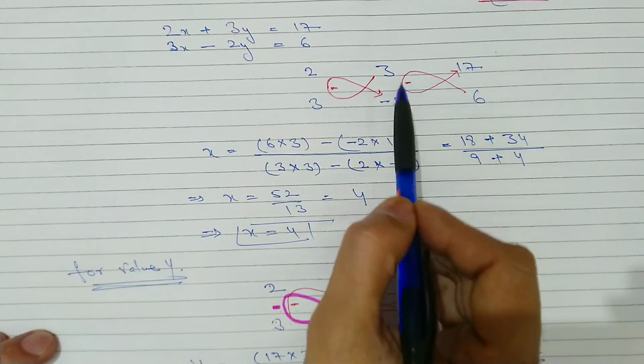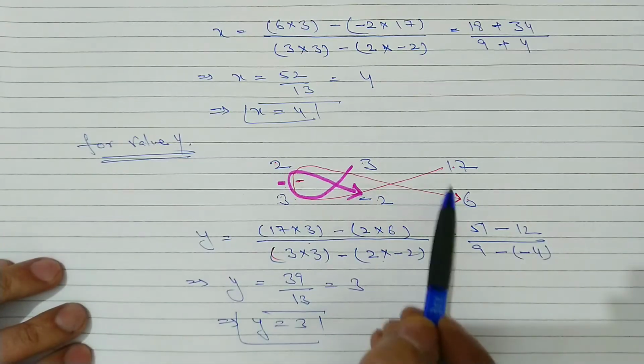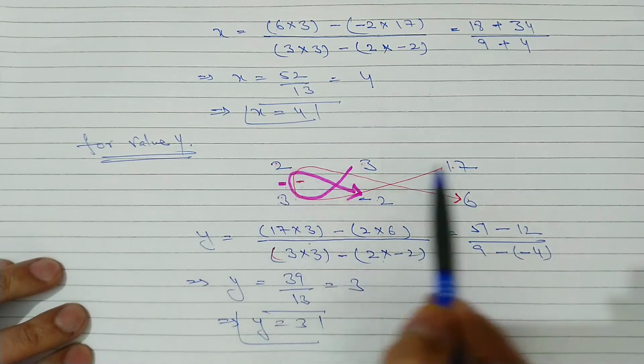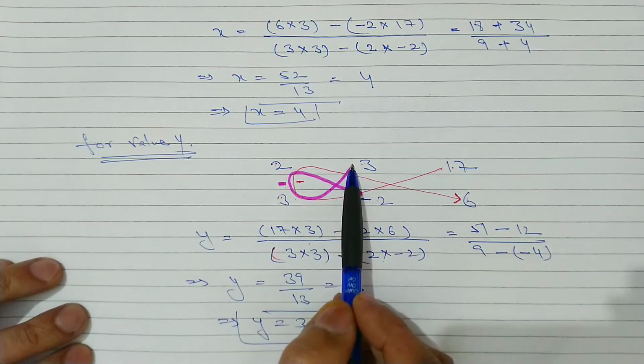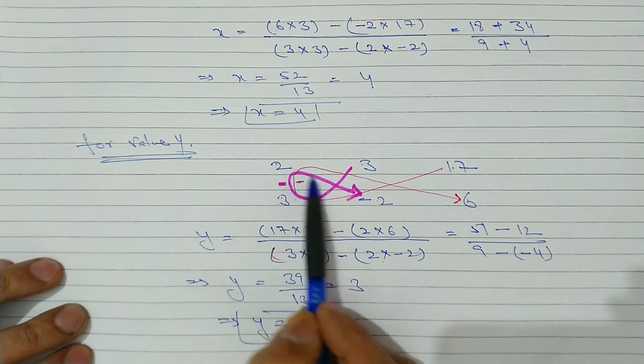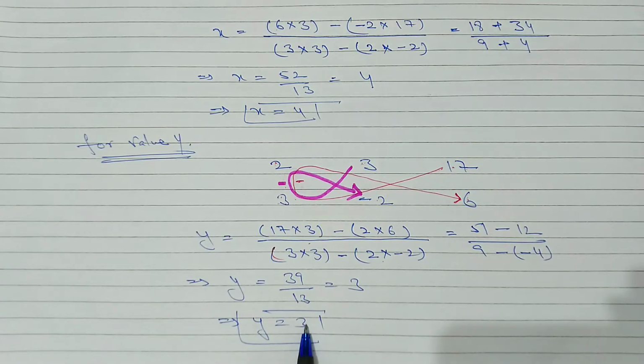First this way, then this way. For calculating the value of y, bigger alpha between coefficients of x and constant term, then smaller alpha between coefficients of x and coefficients of y. We get y equals to 3.